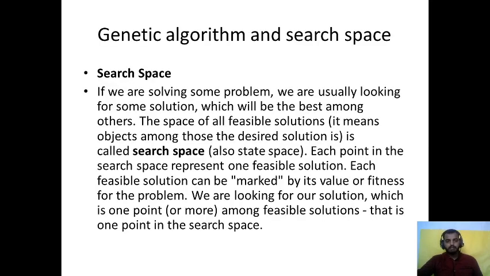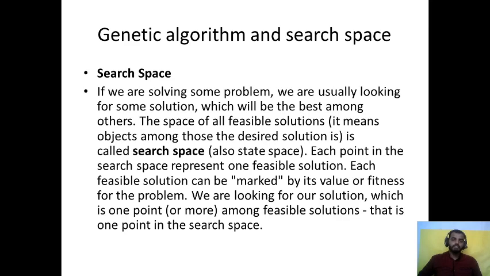Now let us know what genetic algorithms and search spaces are. What are the search spaces in a genetic algorithm? With reference to the search spaces, if you are solving some problem, we are usually looking for a solution which will be the best among others, the space of all feasible solutions.